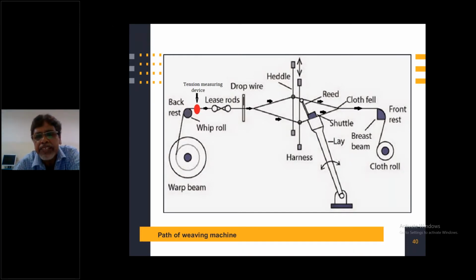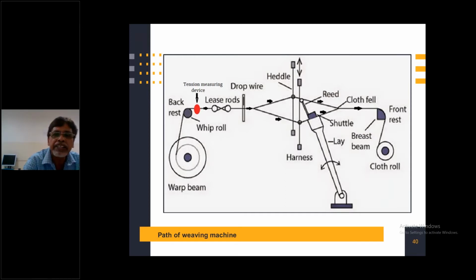The moving element is at 360 degrees, always changing its geometrical position, from 0 to 360 degrees. Due to this changing geometrical position of the heald, the tension is always fluctuating in the yarn, and the moment the yarn tension exceeds the breaking strength, the yarn will break and the machine will stop. The whole thing has gone.